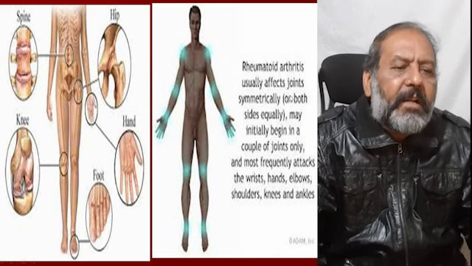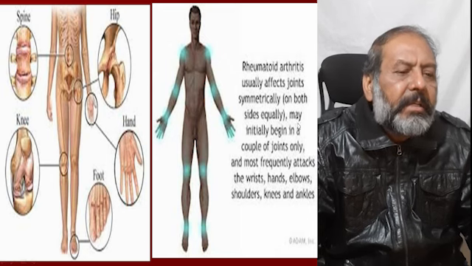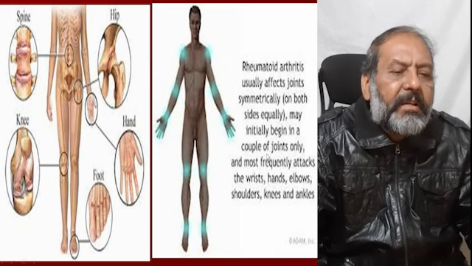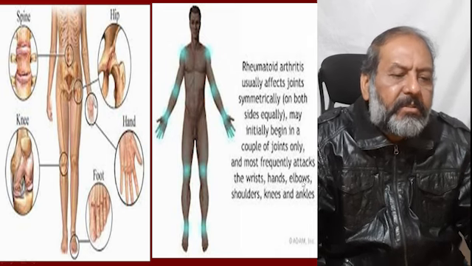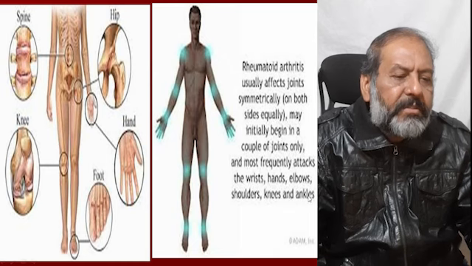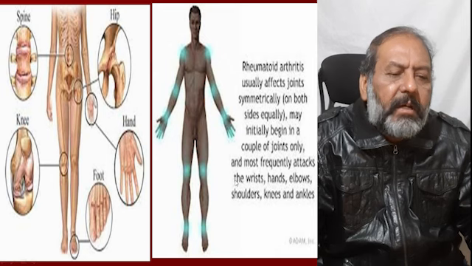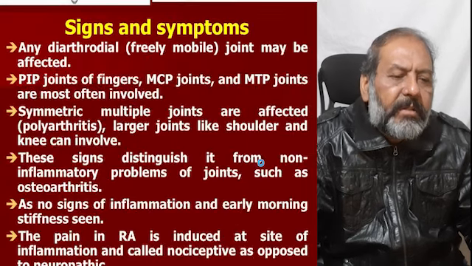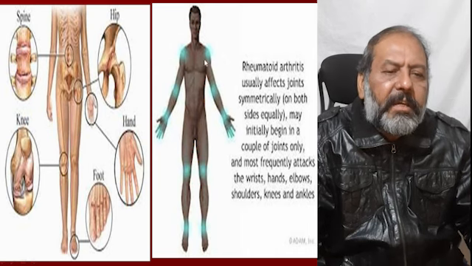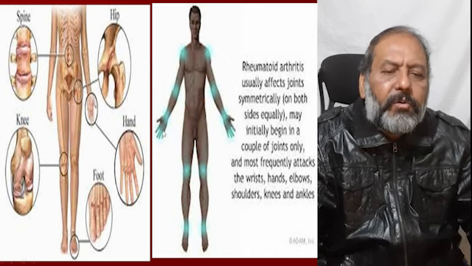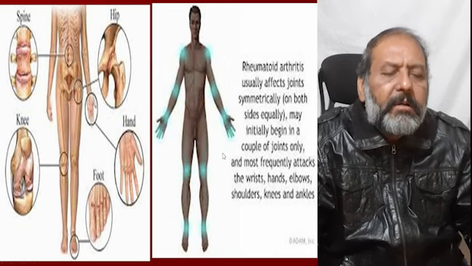Rheumatoid arthritis usually affects joints symmetrically on both sides equally, and may initially begin in a couple of joints only, and frequently attacks the wrist, hands, elbows, shoulders, knees, and ankle. Here one can see all these joints shown in blue, symmetrically involved on both sides of the body.